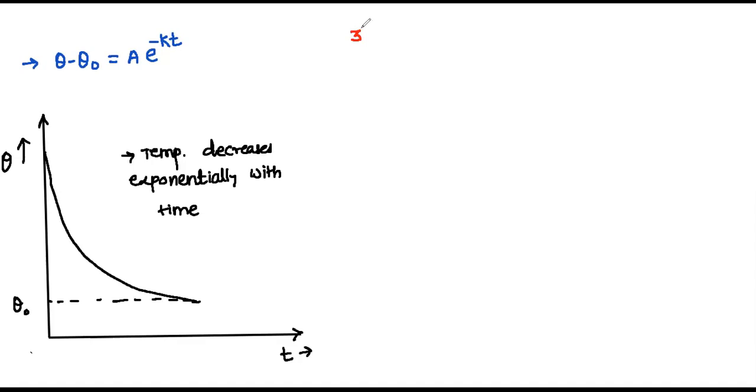Next curve, third one, curve between rate of cooling and body temperature. What is that? Curve between rate of cooling and body temperature.